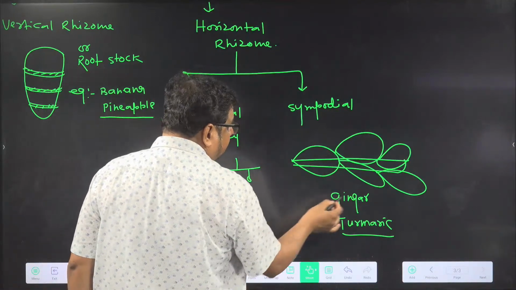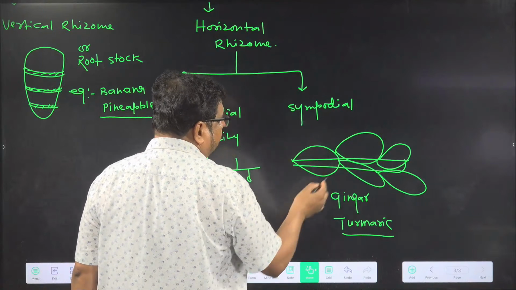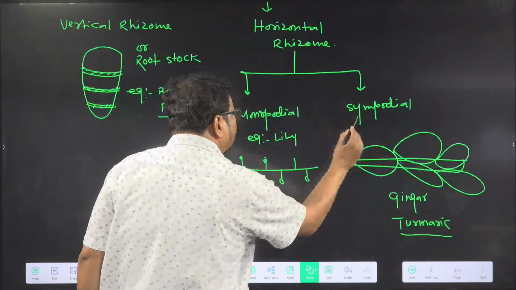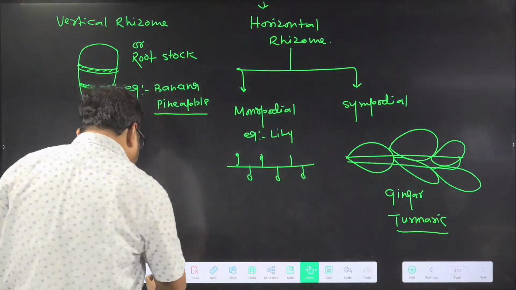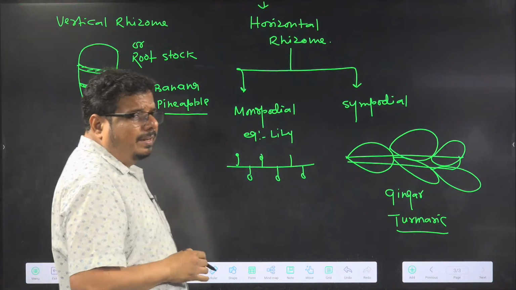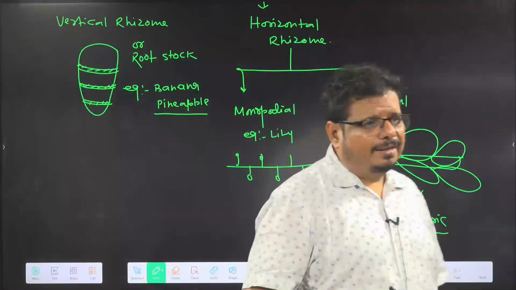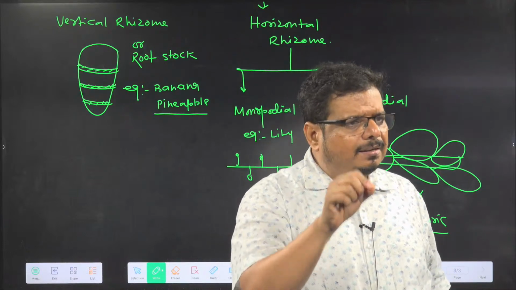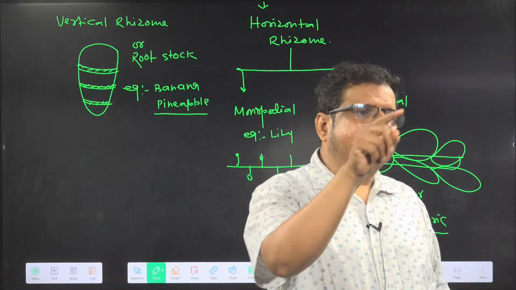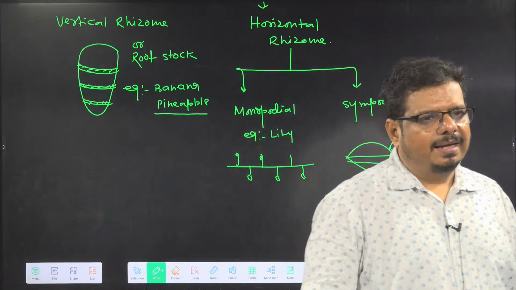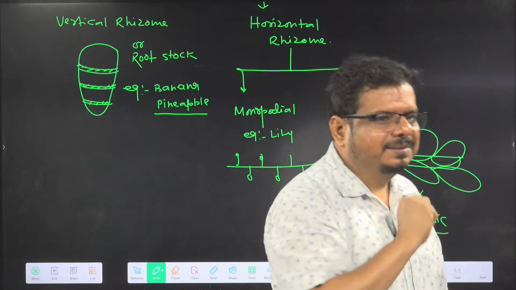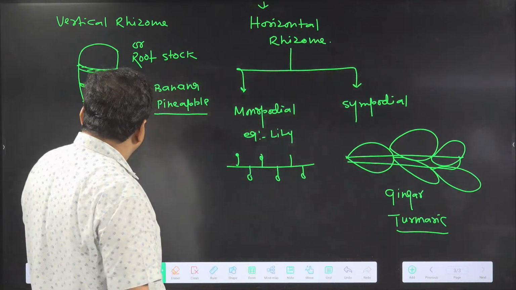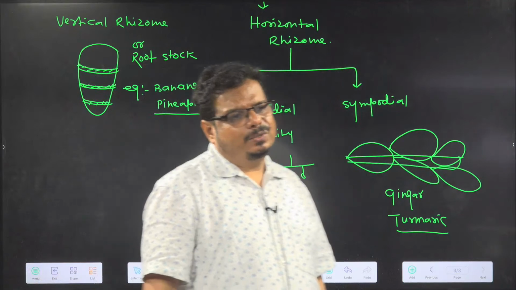Now have a look here, give your attention. Ginger and turmeric have the branch and main stem fused together, hence I said sympodial. Now you can ask, sir, when I read NCERT morphology, in the last class also you told banana and pineapple as an example of sucker, and you are also writing banana and pineapple in rhizome.